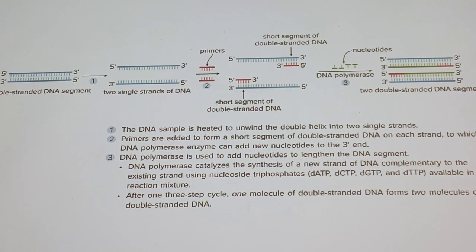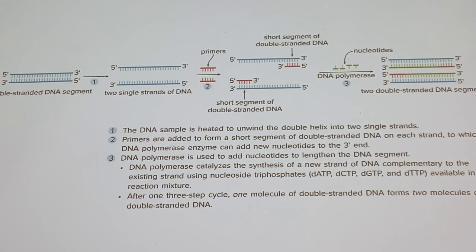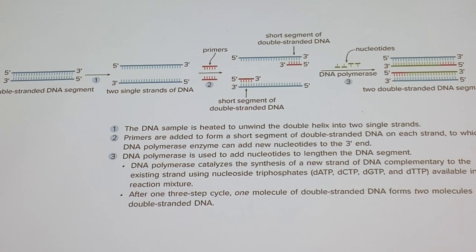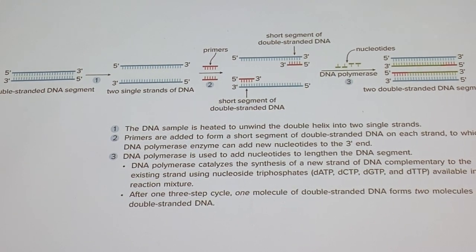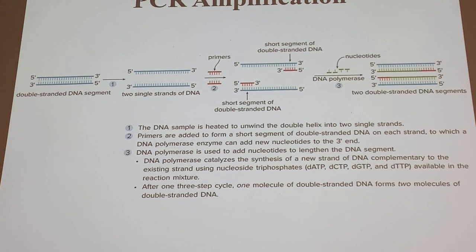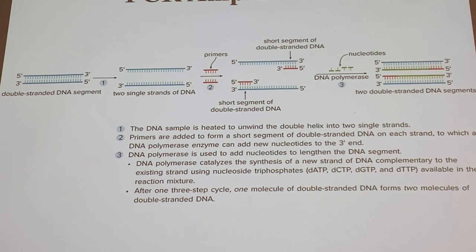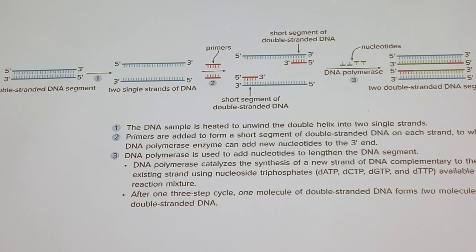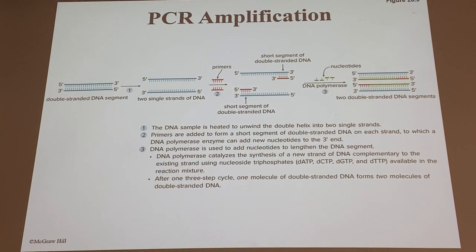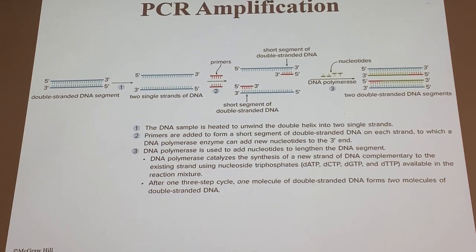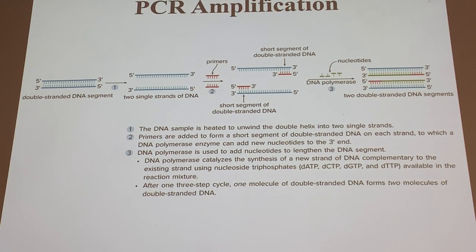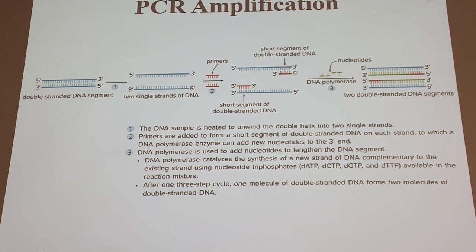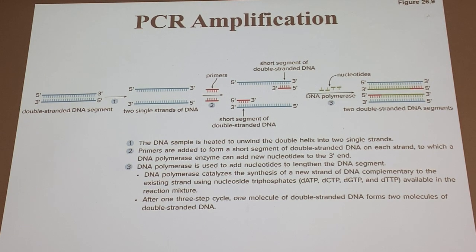And then there are primers included in the mixture. These primers are small, short pieces of DNA that are going to hydrogen bond to an end of these short segments. And that's going to prime the system for the replication process. And these primers are selected based on the restriction endonucleases that are used.